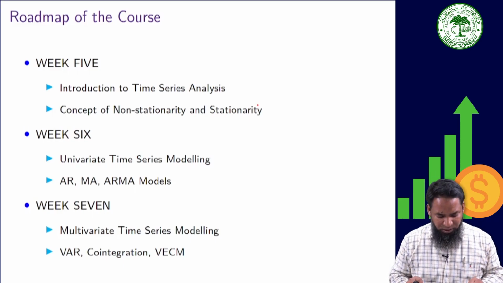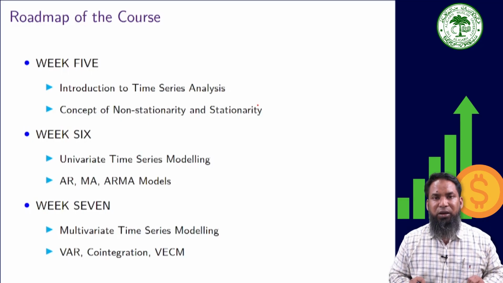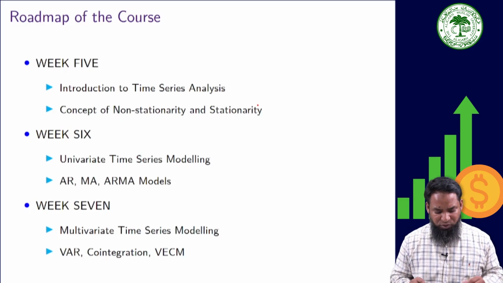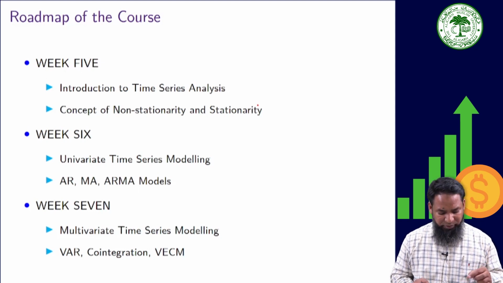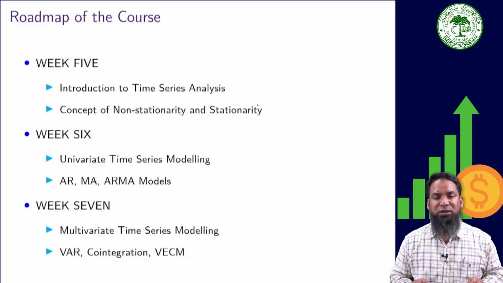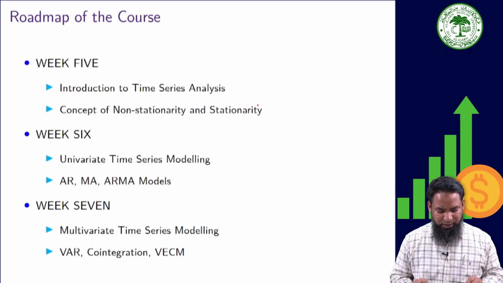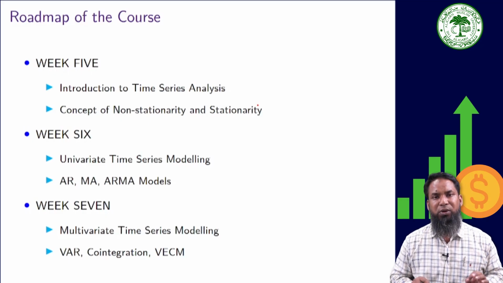So in such cases we need the multivariate form. So we discuss multivariate time series modeling, where we discuss the vector autoregression, the structural vector autoregression and the vector error correction models. We also discuss causality.